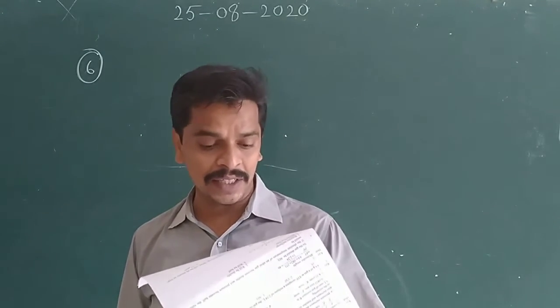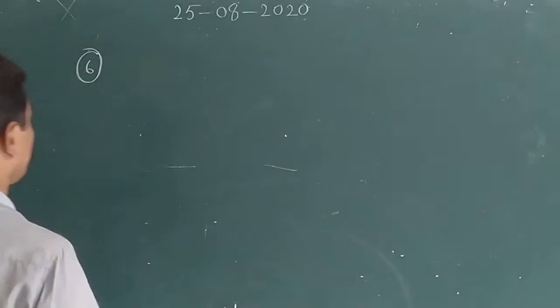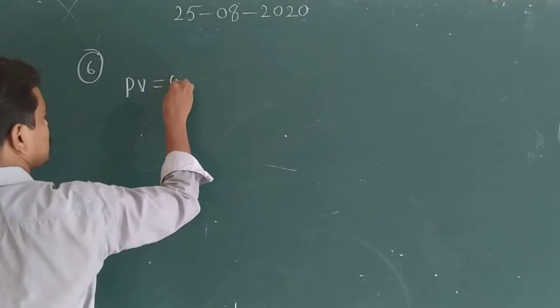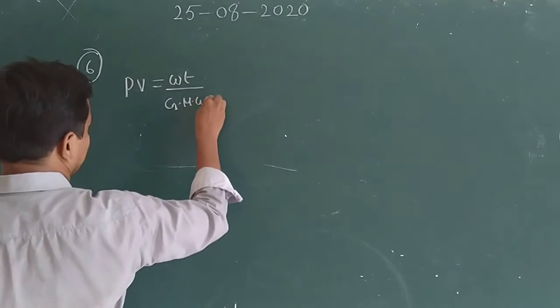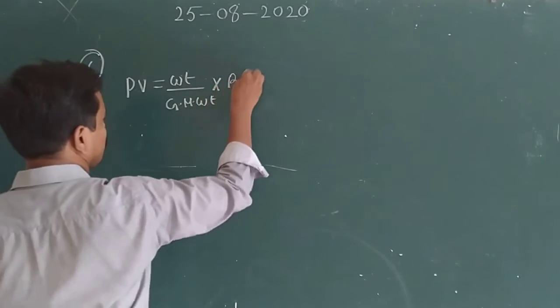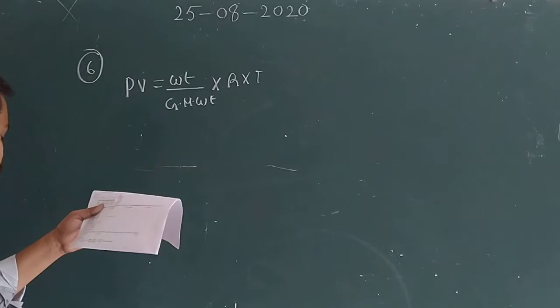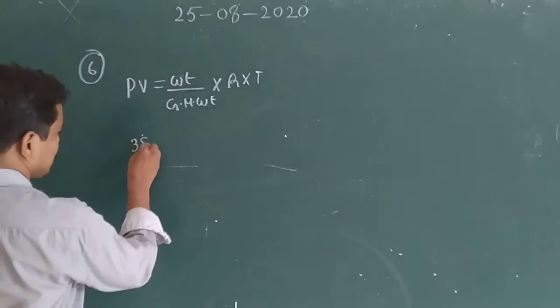He is asking us to calculate molecular weight. So first, PV is equal to nRT, that is weight by gram molecular weight into R into T. Next, volume is given in ml, so convert volume from ml into liters.